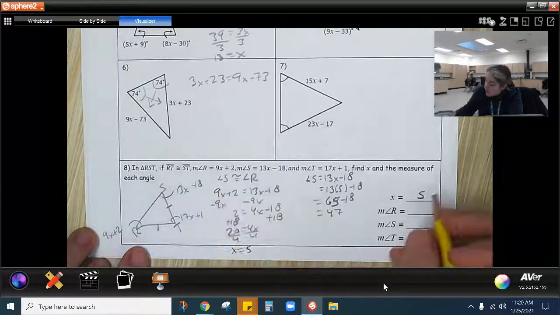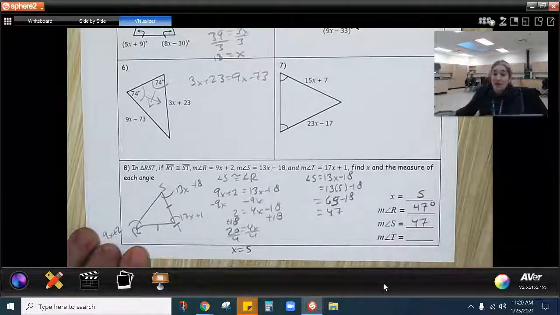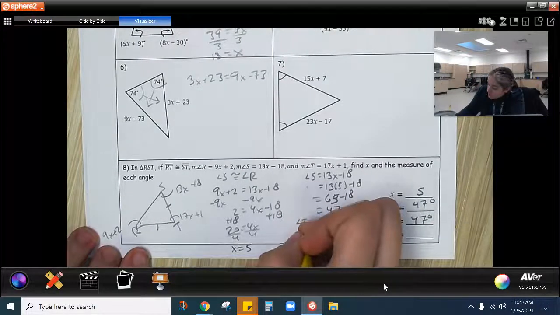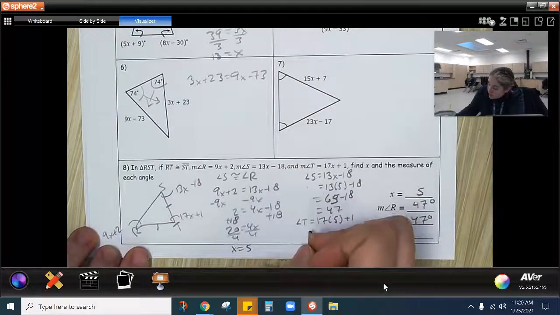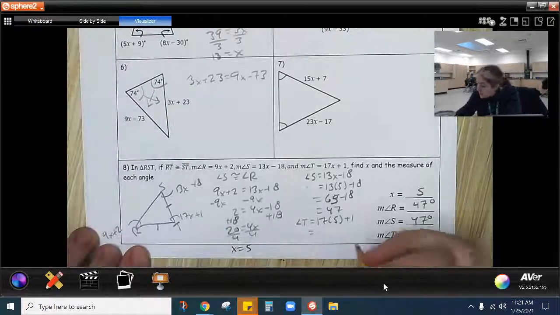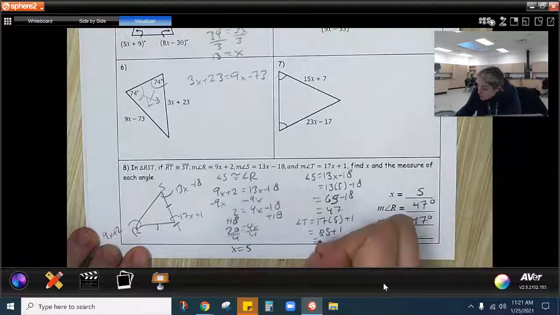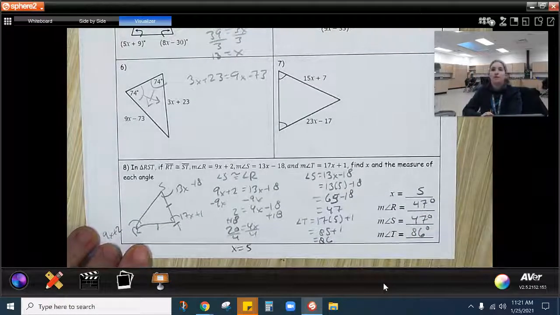Because S is equal to R, I know that angle R is also 47 degrees. So I don't have to plug it in, I can just write it. Which means I just have to figure out the measure of angle T. So angle T is equal to 17 times 5 plus 1. 17 times 5 is 85, plus 1 is 86. It's not quite a right triangle, but close.